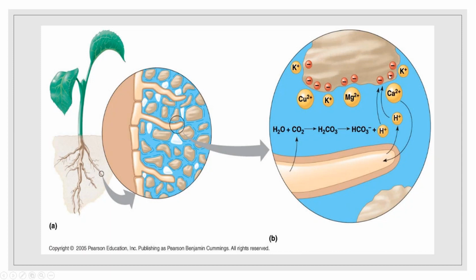They are looking to bind with these 2 plus negative charges. So 2 plus take up 2 negative, desorbs this calcium, and this can now be absorbed into the plant. And so that is this back and forth kind of dance, if you will, or exchange between plants and the soil colloid in order to get the nutrients that it needs.